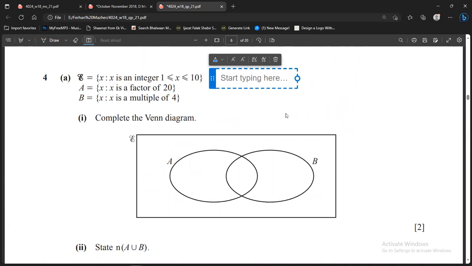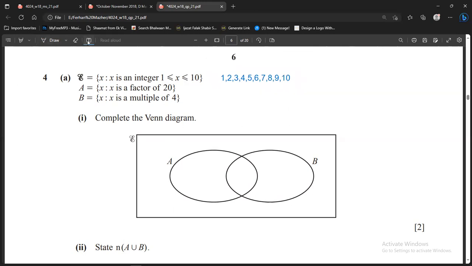Okay, so the integers are from 1 to 10. So they will be like 1 comma 2 comma 3 comma 4 comma 5 comma 6 comma 7 comma 8 comma 9 comma 10. So these are the members here.